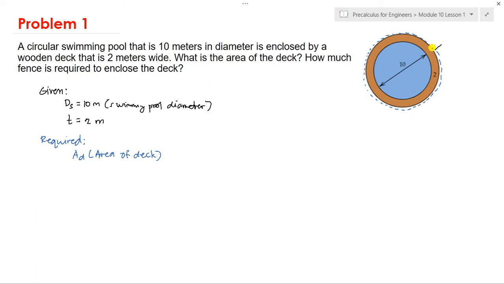Is it the area or the perimeter? Perimeter or circumference, di ba? So that is the circumference of the deck. Butang nato circumference of the deck.